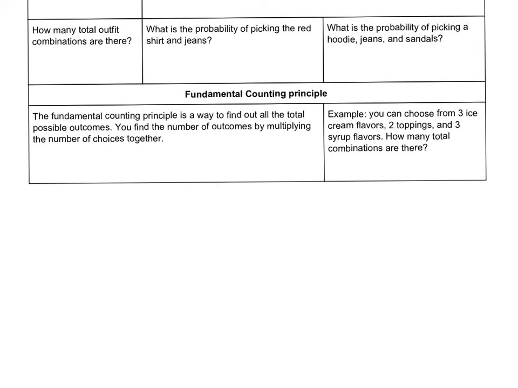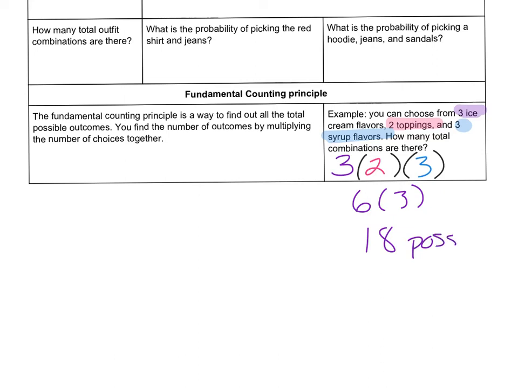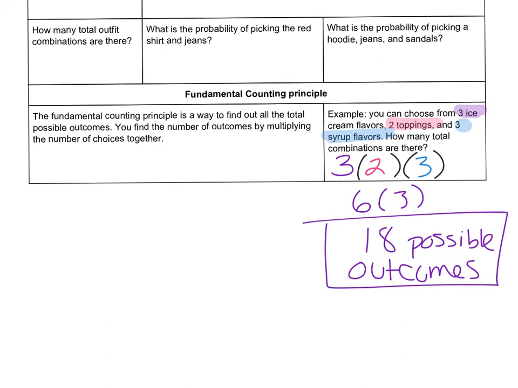So in this example, you can choose from 3 ice cream flavors, 2 toppings, and then 3 syrup flavors. So I'm going to take my 3 ice cream flavors times my 2 toppings times my 3 syrup flavors. That gives me 6 times 3, which is 18 possible outcomes. And that's all I have to do for that.